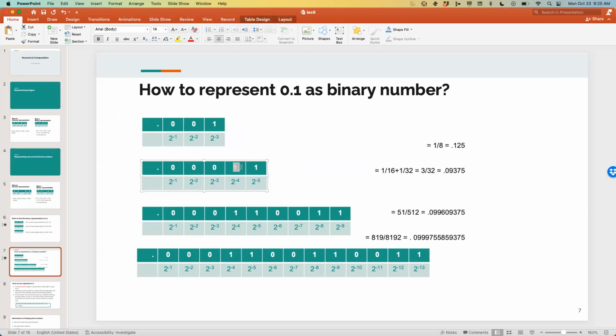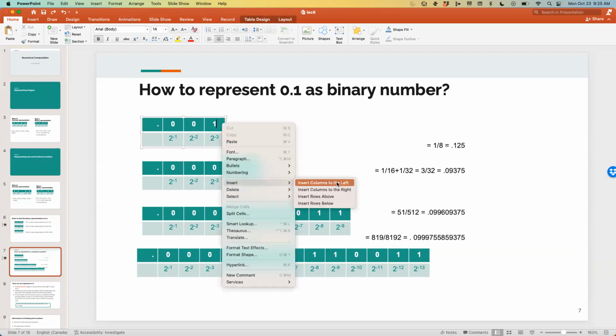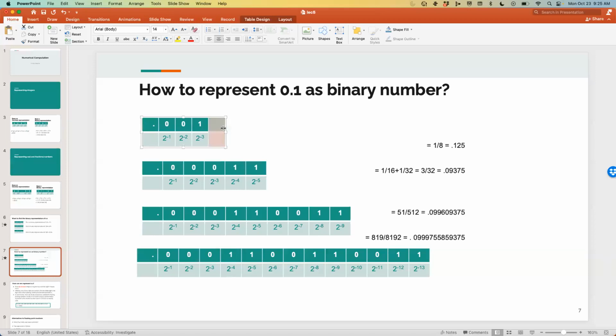And this time, let's put 1. If I put 1, what do I get here? So the next digit, we're going to do 2 to the power minus 4.